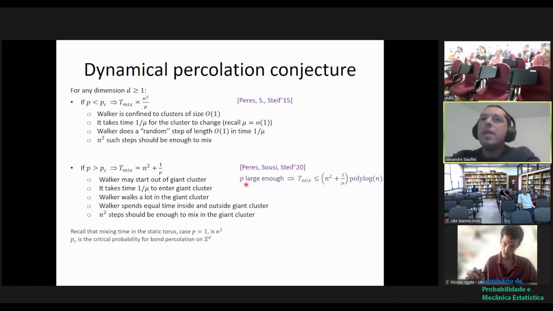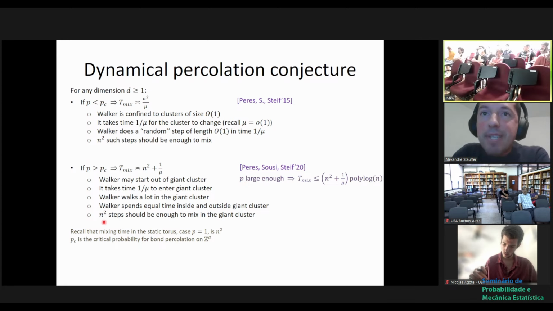Okay, thank you. What's important here is that you really are starting from stationarity, because otherwise you could start with, for example, all edges open at time 0, and then the random walk would mix in time n square if mu is so small that before any edge can actually flip, and then n square is the mixing time. Okay. Thank you.